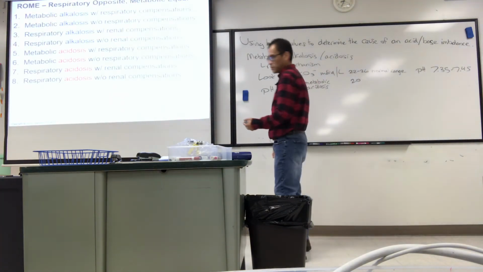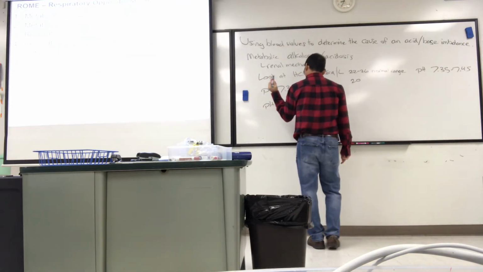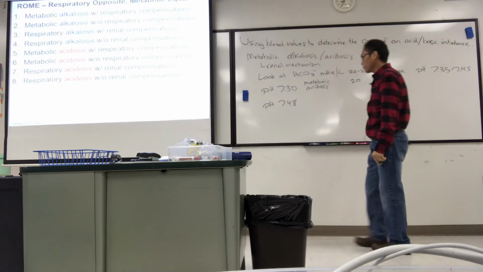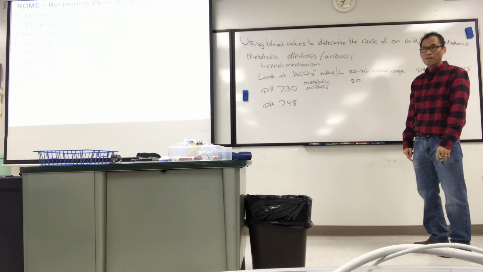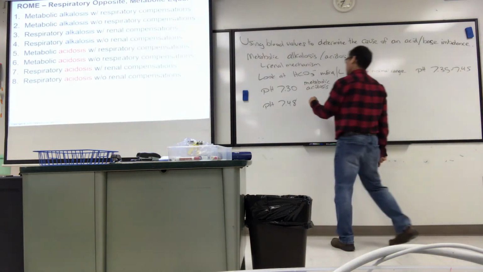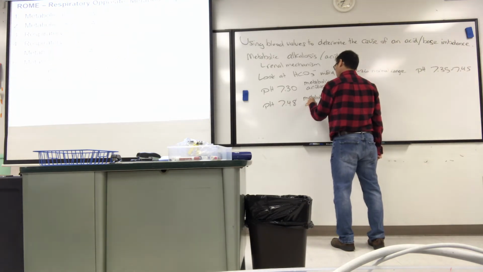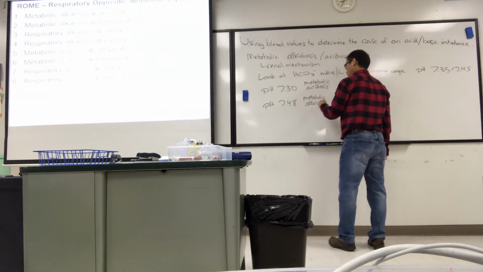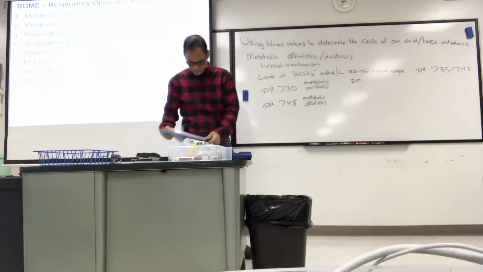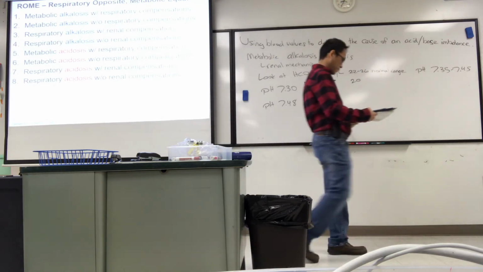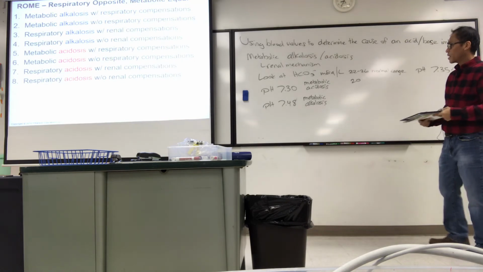So let's say the opposite is true. 7.48, okay. The pH is too high, so let's say the kidneys are the problem. You'd call that a metabolic alkalosis. All right, so where am I going with this?